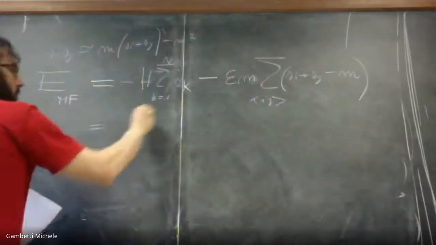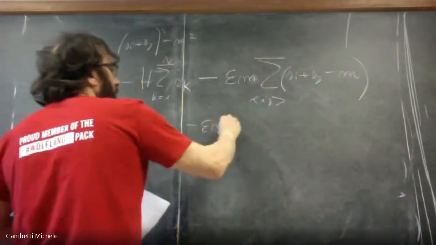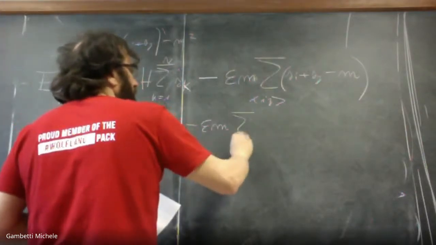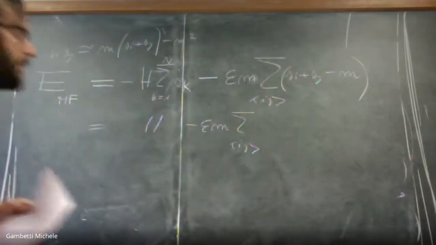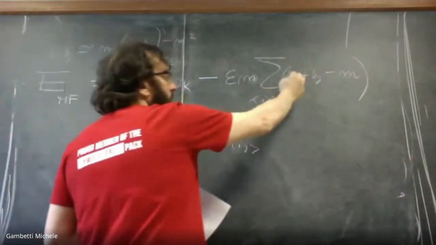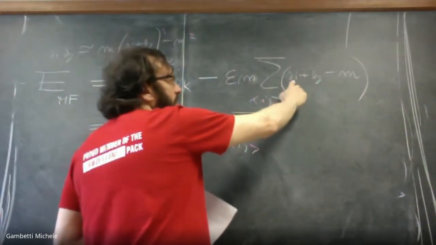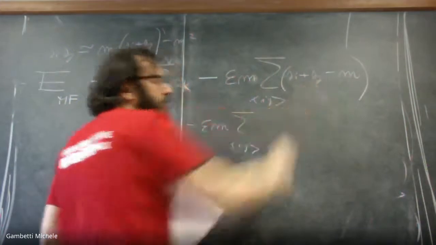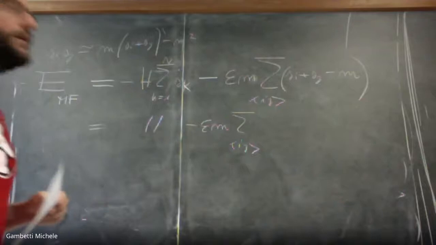Equal, now this is the same. This is minus epsilon m sum of ij. I will come now in a moment to the sum. Here the sum is saturated over i and j, so it's a double counting.